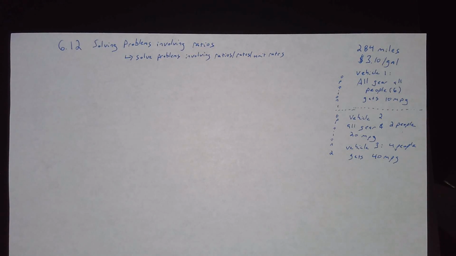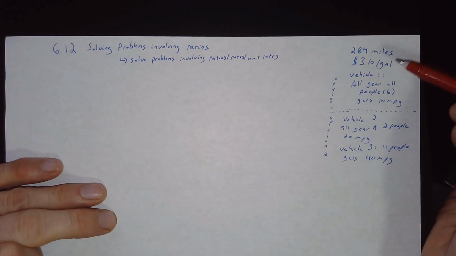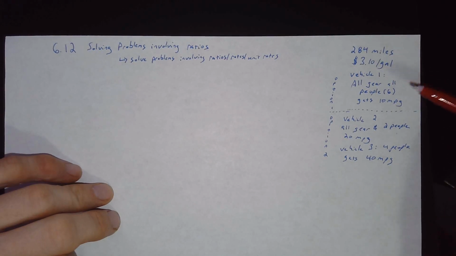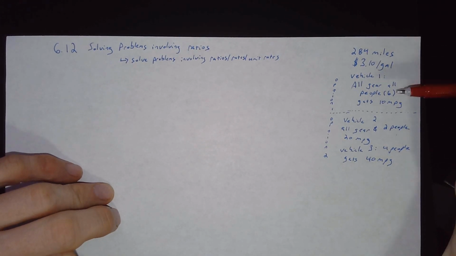Venice, Florida is 284 miles away. We want to dive for some shark's teeth, and we have two options. Gas is $3.10 a gallon. We have six people going with us, and we can cram everybody in a van with six people.